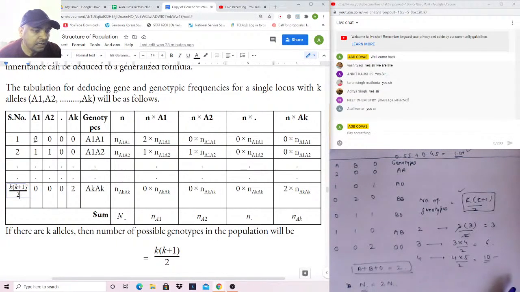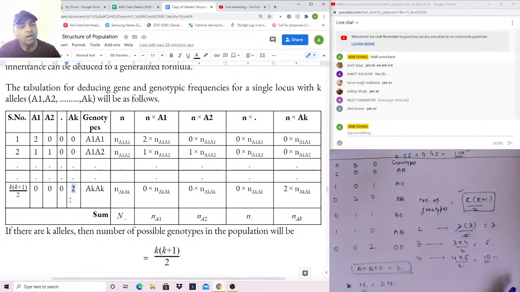And we have already introduced this thing that the sum of all the dummy variables should be equal to 2. If 2 has been taken by A1, then all other alleles will be 0. If, for example, A1 and A2 have taken the value 1, then all other alleles will be 0. If all other alleles are 0, then the last allele has to take the value 2.